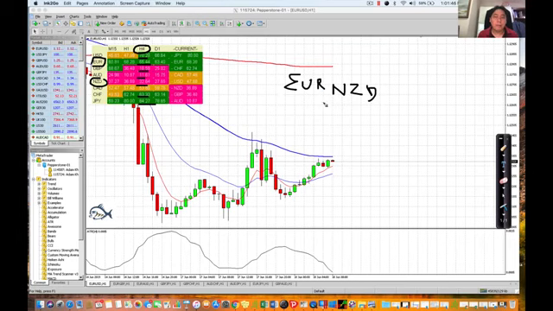So obviously, I like to be buying the Euro because it's the green, and selling the New Zealand, which is red. So looking at the Euro-New Zealand pair.